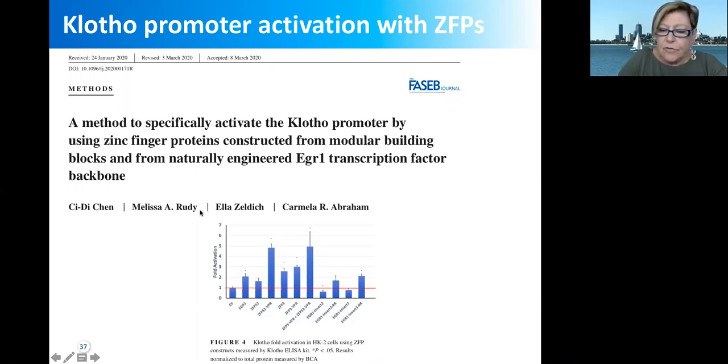We have two types of such zinc finger proteins that we designed. One was constructed from modular building blocks, and some from the naturally engineered EGR1 transcription factor backbone, which is known. So we took pieces and put them together until we got this kind of increase in expression.